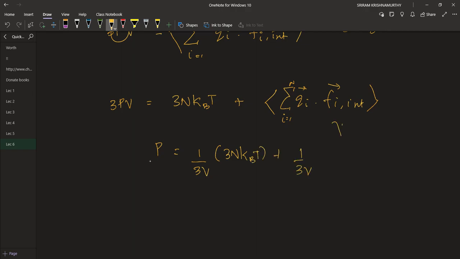Into this term, so I'm not writing it here. This N by V is just the number density of the system, rho. So we can write it as rho kBT plus 1 by 3V.